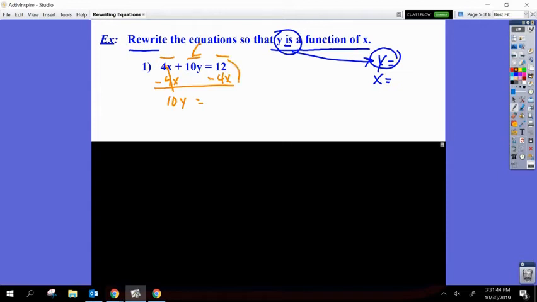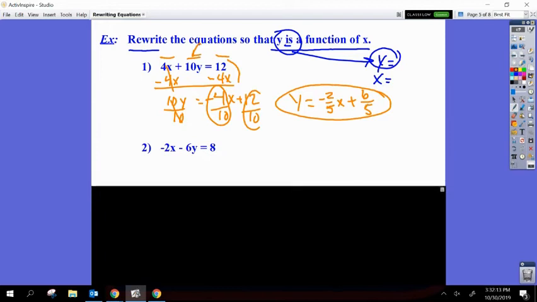So in this situation, 12 minus 4x is really a negative 4x plus 12. And everything gets divided by 10. Y is equal to negative 4/10 simplifies to negative 2/5. And I'll move it out front, make it a coefficient. And 12/10, I wish it was a nicer number, but it's not. So it's just going to remain as plus 6/5.